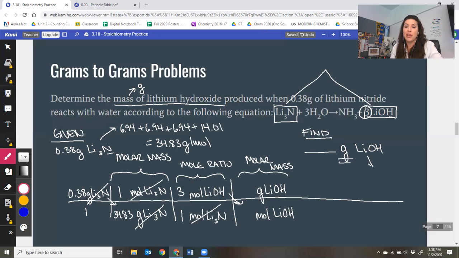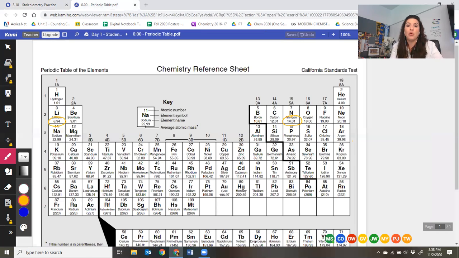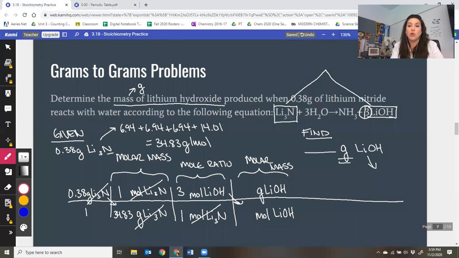So looking at my periodic table, I need to add up 1 lithium, 6.94, an oxygen is 16, and a hydrogen is 1.01. So that was 6.94 plus 16 plus 1.01.